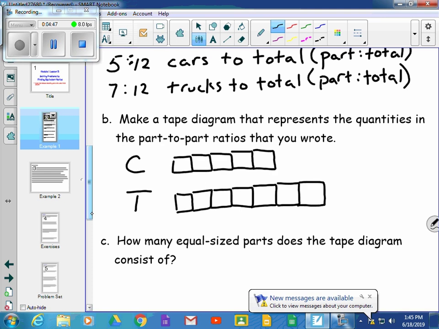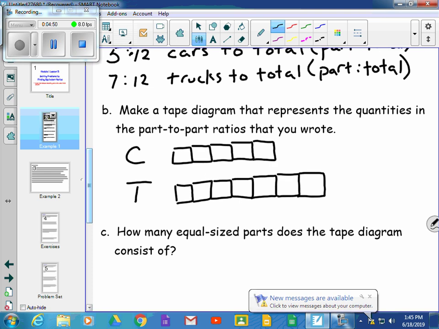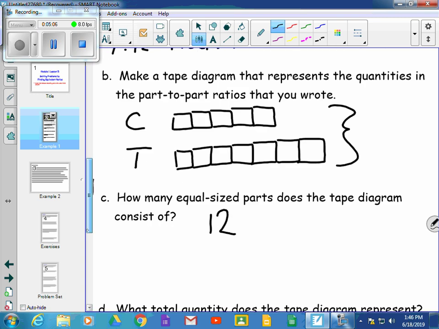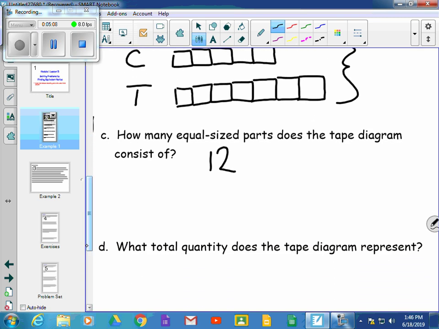Now the next question: how many equal sized parts does the tape diagram consist of? That would be all of these parts put together. If we count them up, there's 5 on the top, 7 on the bottom, which gives us 12 total parts altogether. The next question, at the bottom of your page, is what total quantity does the tape diagram represent?